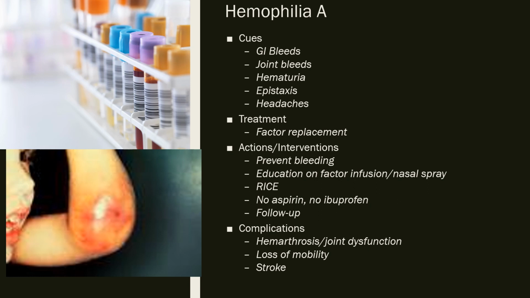We just don't do it when there's active bleeding. We want to prevent the complications of joint dysfunction and loss of mobility, and then stroke is also a complication, and we want to prevent that as well. So making sure that they are well educated on follow-up, having a hematologist on board, and watching for the cues of increased bleeding.